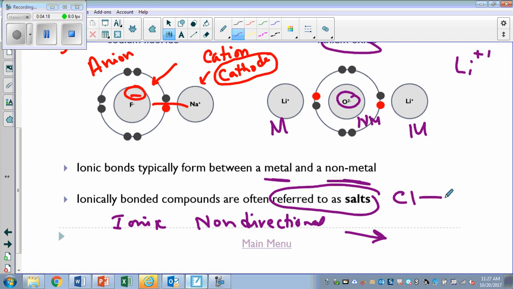Like chlorine in a covalent bond, which is directed to this side, they're kind of angled or facing each other. But in an ionic bond, each positive ion is attracted to any negative ion, so they're called non-directional.